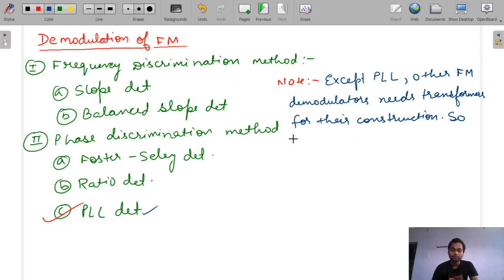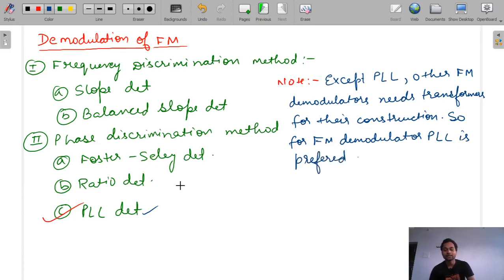So for an FM demodulator, PLL is preferred. Why is PLL preferred? Because for all other demodulation techniques, a transformer is required and the transformer is bulky, so we do not use those.